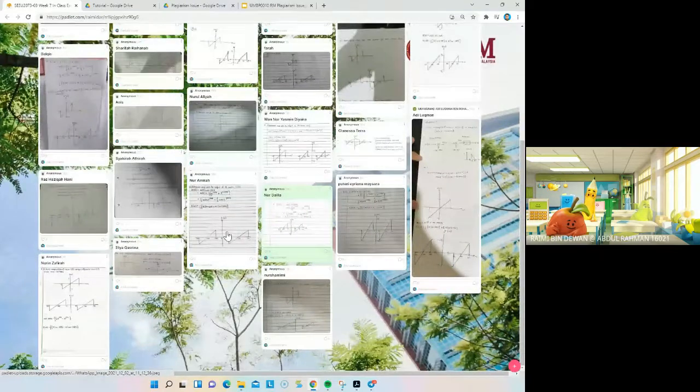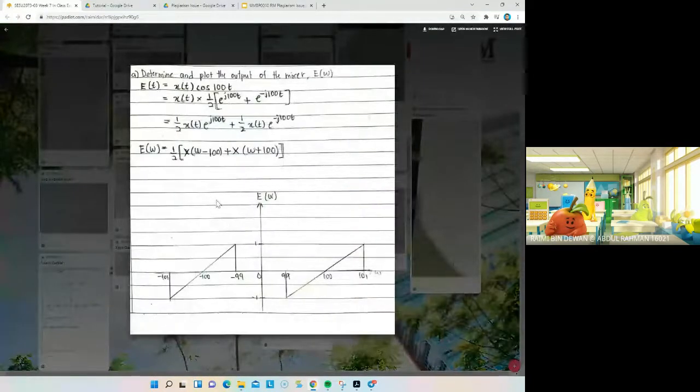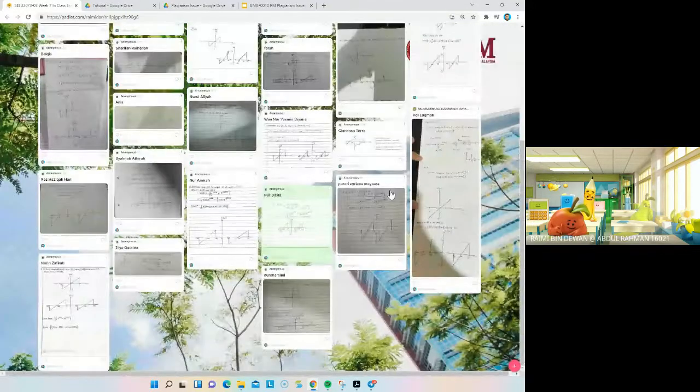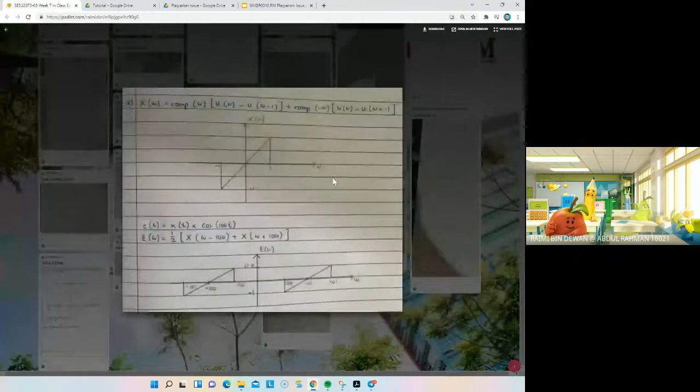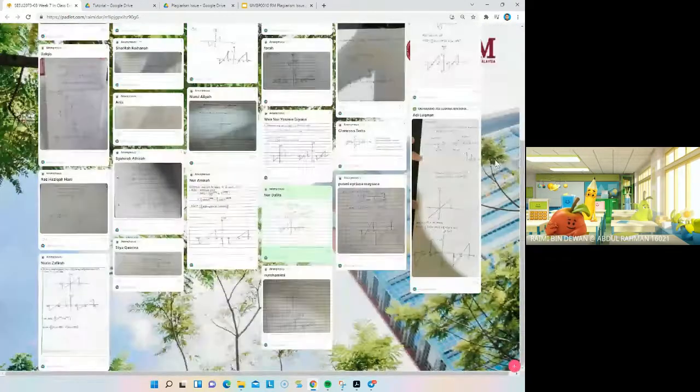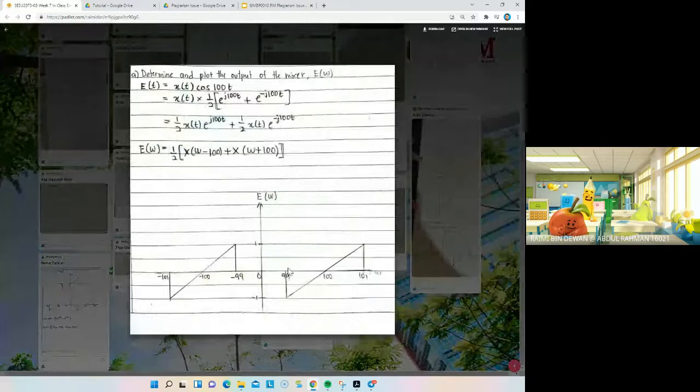And then Nor Amira, where is your e? Where is the small one? This one, x omega, you didn't have. Left out, doctor. This one, you see, it should be half.